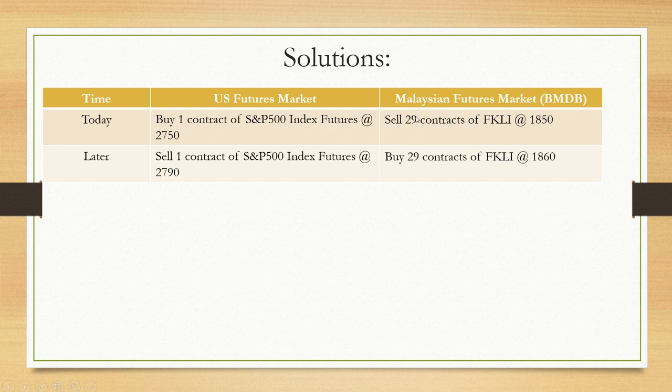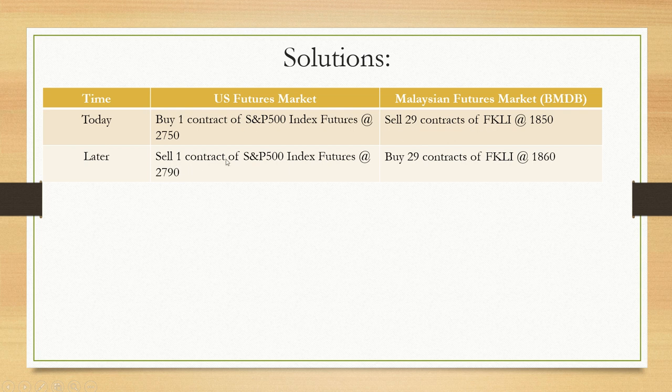Datang mana? The number of contracts we just calculated tadi. Alright, so you will sell 29 contracts of September FKLI at 1850. Okay, dua-dua ni adalah September punya contract. This one is September S&P 500, this one is September FKLI.